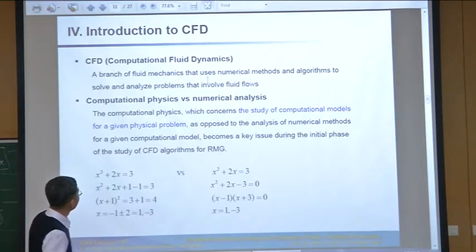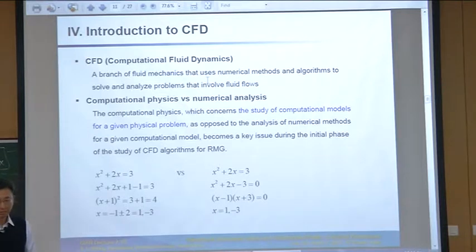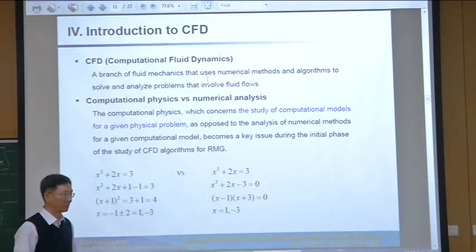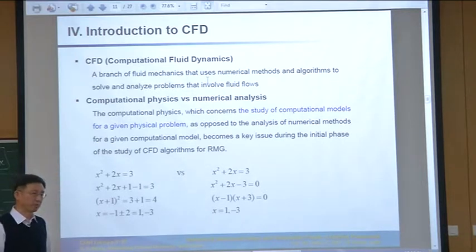Another one is numerical analysis. They are different. In RMG, what we need, in many cases, is computational physics ahead of numerical analysis, because computational physics, in many cases, will determine the capability of your numerical method.